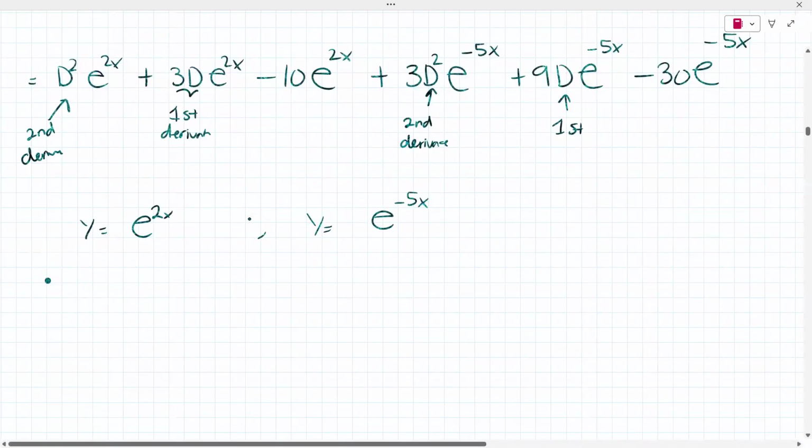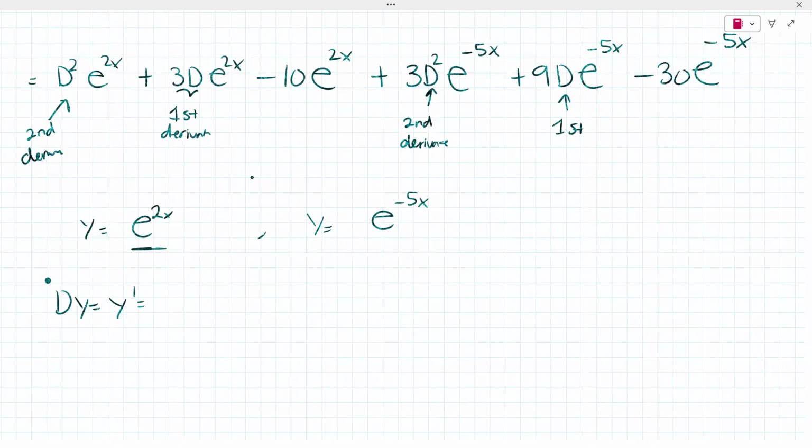Okay, and then we're going to do dy, basically y prime, which is what's the derivative of e to the 2x? 2e to the 2x. And then let's find d squared y, or y double prime, which is 4e to the 2x.